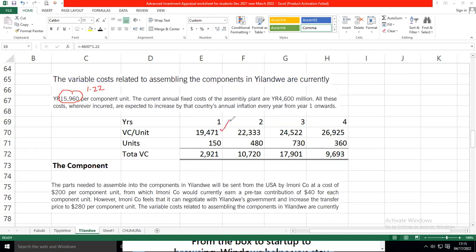You get that. Then you multiply by... Please, can you set up a working, the years, the variable cost per unit, the units, and total variable cost. Can you set up the workings, please?